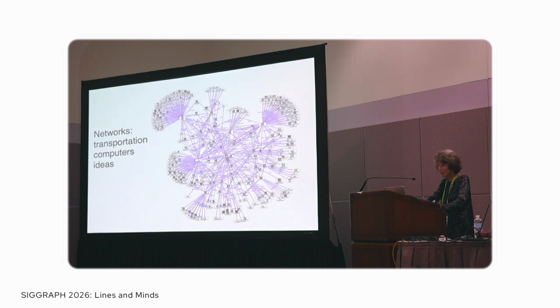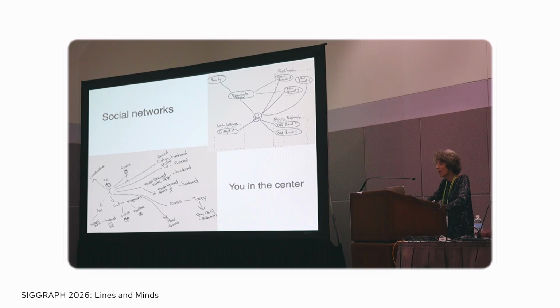it gets bigger. So networks of transportation, computers, ideas, social networks. We had people put something on a page that depicts your social network, and people often put their families on top and their friends to the side.